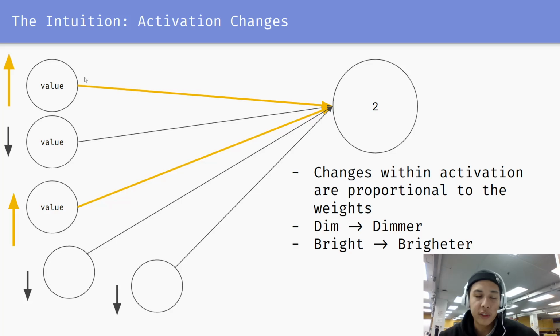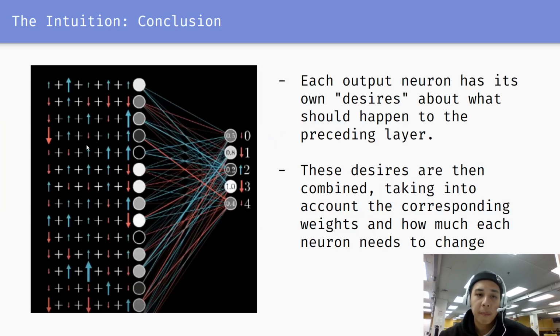For example, this first neuron on the left, if its value is super high, or we can say bright, adjusting that activation value to be higher will make it brighter. And that goes vice versa for dim. The values that are really low with low activation, we can think of them as really dim. So making the activation value less will make it dimmer.